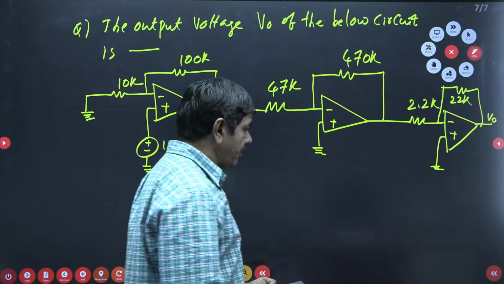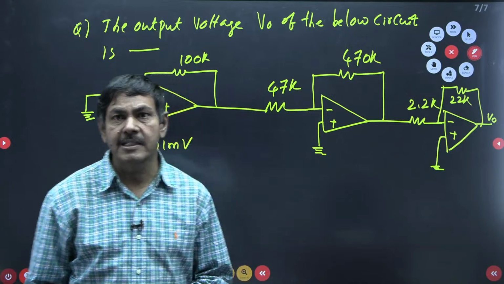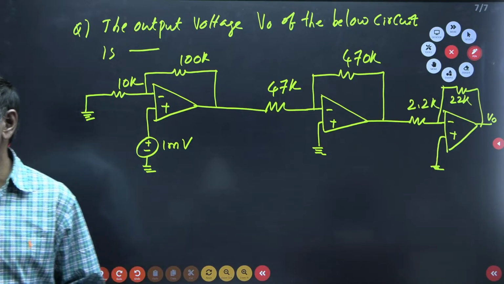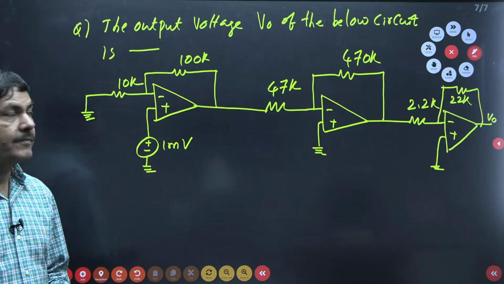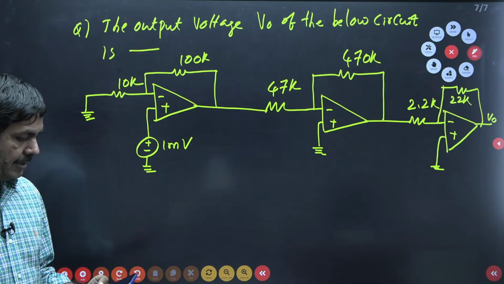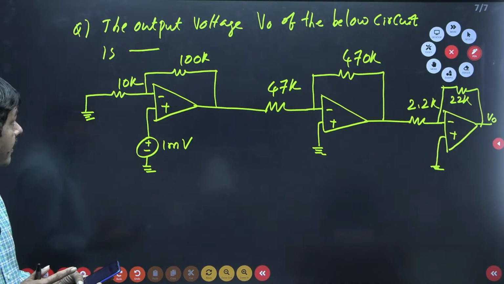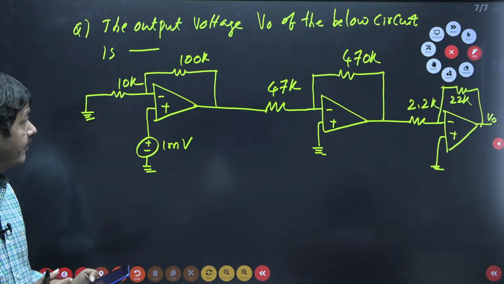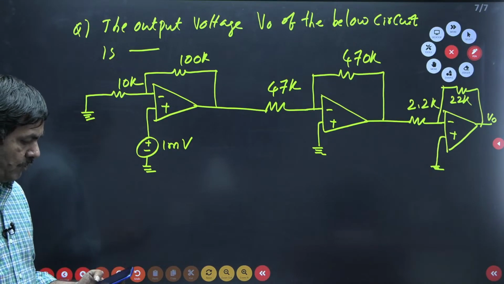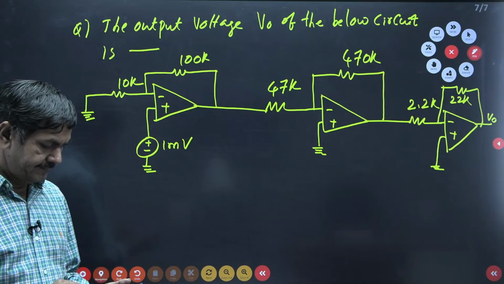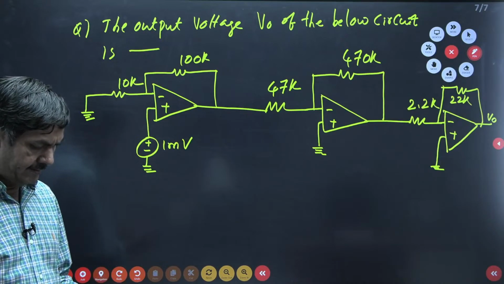But I want V0 from the given problem. Can you try this question without my help? You please try. If you get the answer, very good. If you face any problem, I am here to help you. Please start doing this question. 10K and 100K and 47K and 470K, 2.2K, 22K. Yes, you start doing this question. What is V0?